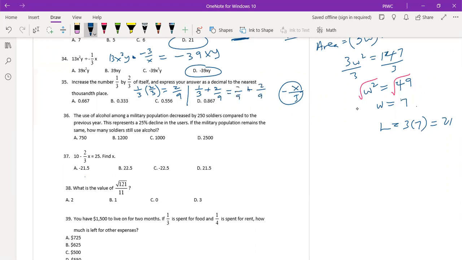So this has to be 3. So the answer will be 5 over 9. If we change it to decimal, we should get 0.555555. Round to 3 decimal places, so that'll be 0.556. That's C.